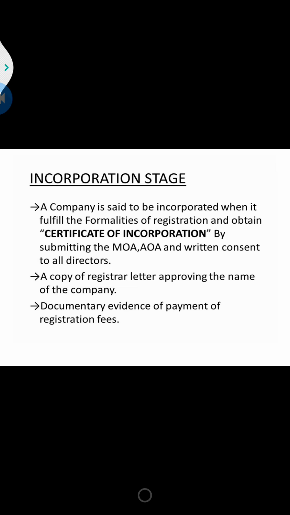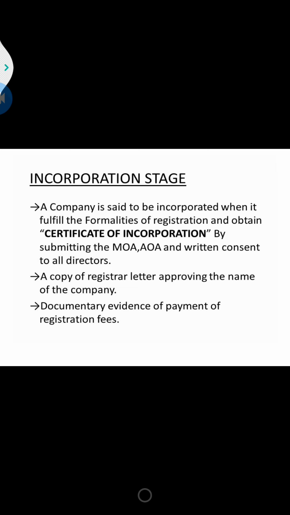In simple terms, after the promotion stage, the promoters proceed to get the company registered. They apply to the registrar and get a particular name reserved, so that it can be adopted by the company.